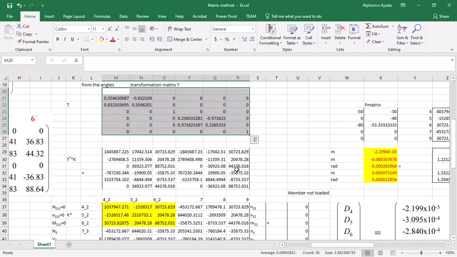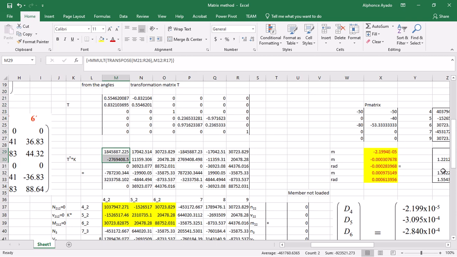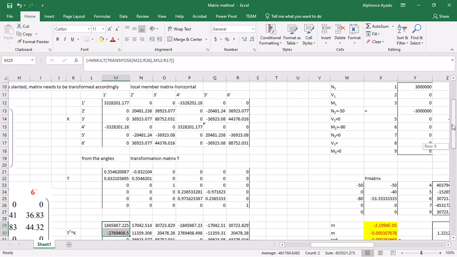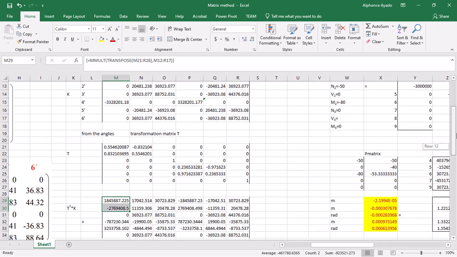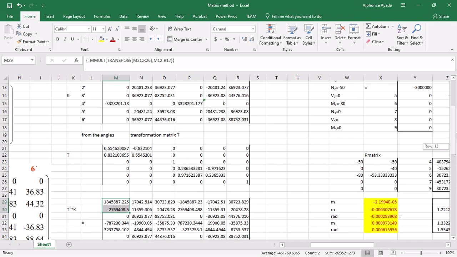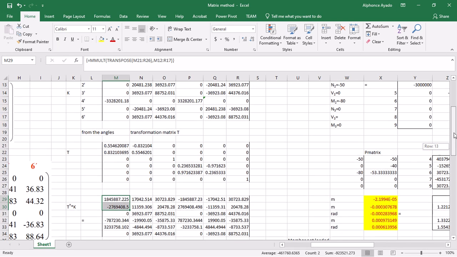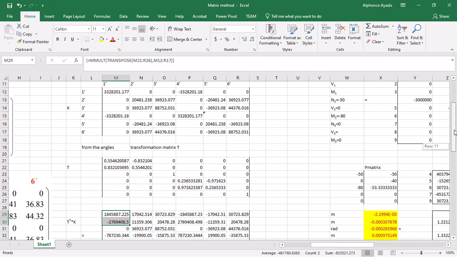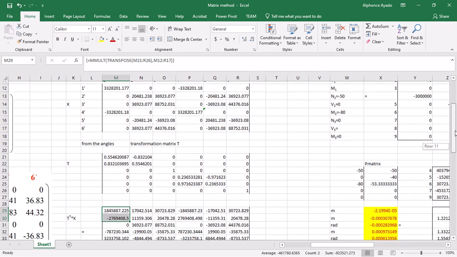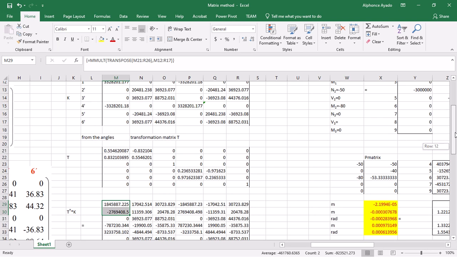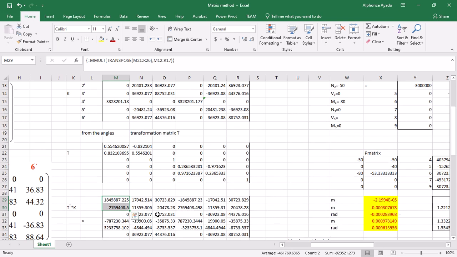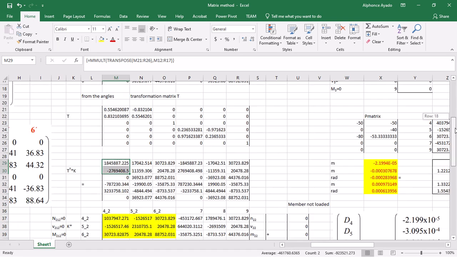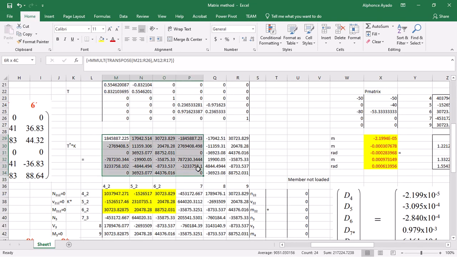So for example, first to multiply the matrices, you need to select the area where we want the multiplication, but this is already known.